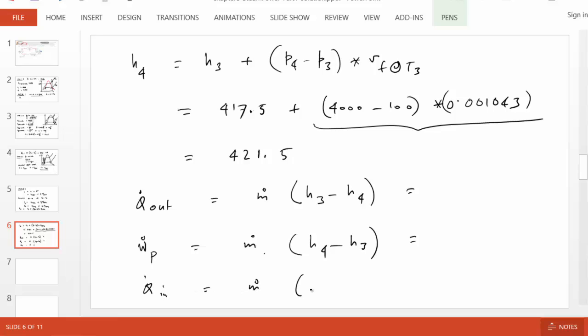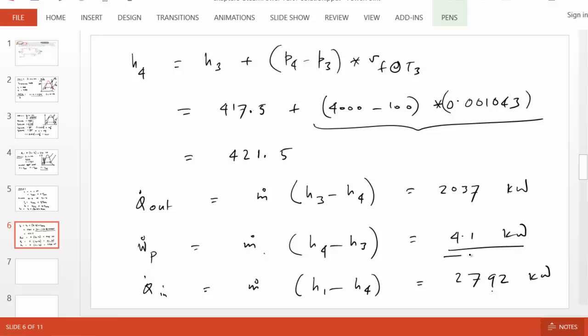M dot H1 minus H4, the bigger one minus the smaller one. So let's calculate all these numbers and write them down. We get a Q dot out of 2037 kilowatt. We got a pumping power of 4.1 kilowatt, and Q dot in of 2792.